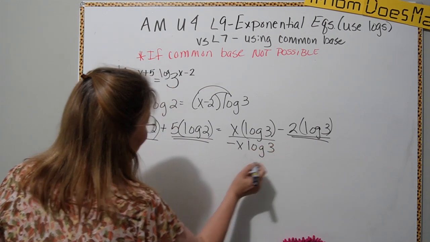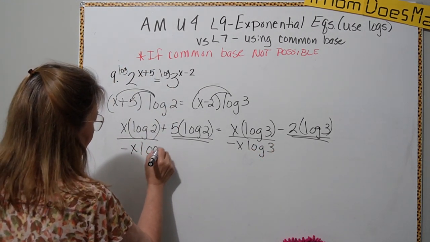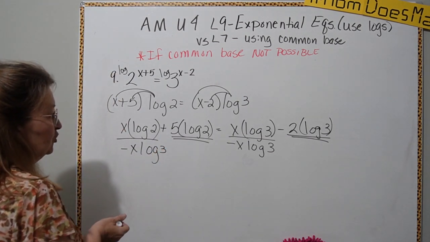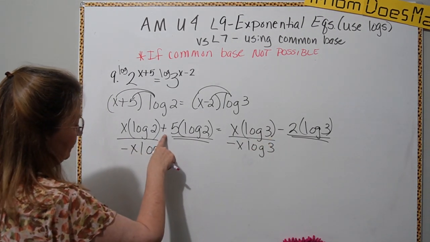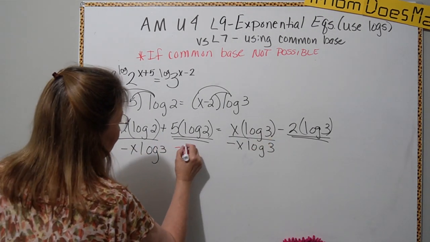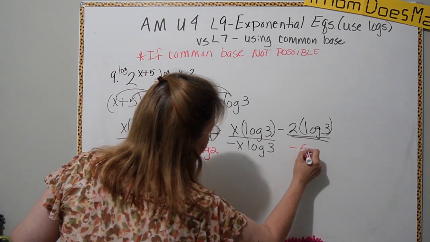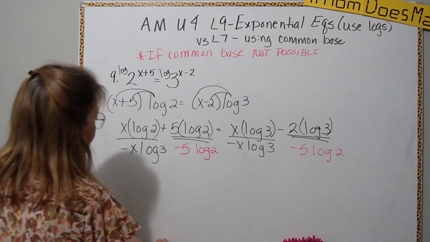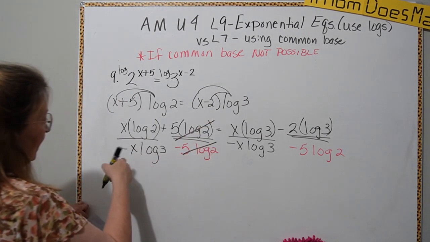So I've got minus x log 3. Okay? Then I'm going to move this over here by doing the opposite. It is added, so I'm going to subtract 5 log 2 from each side.